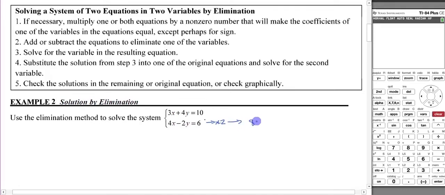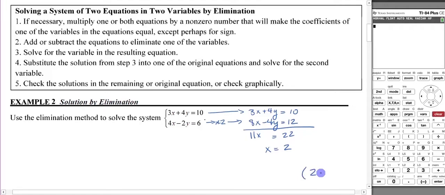That would make it an 8x minus 4y equals 12. The first equation we don't need to change in this case. But now when I add these equations, I get 11x, the y's cancel out, equals 22, and I have a simpler equation in one variable.